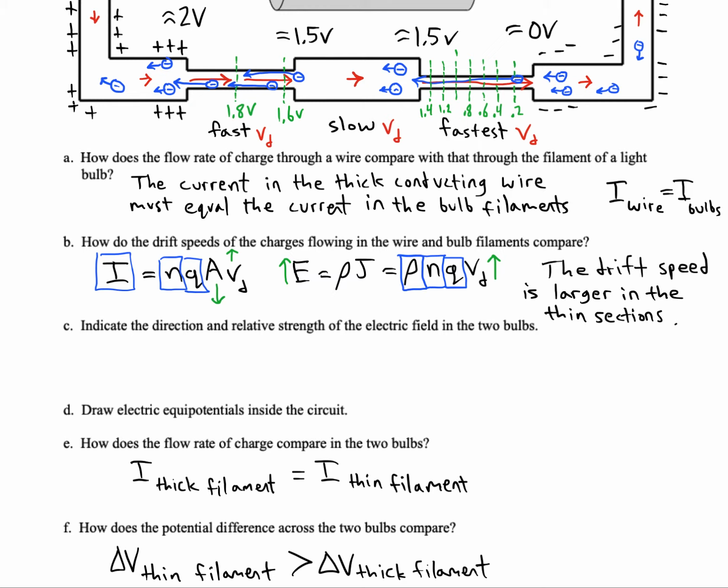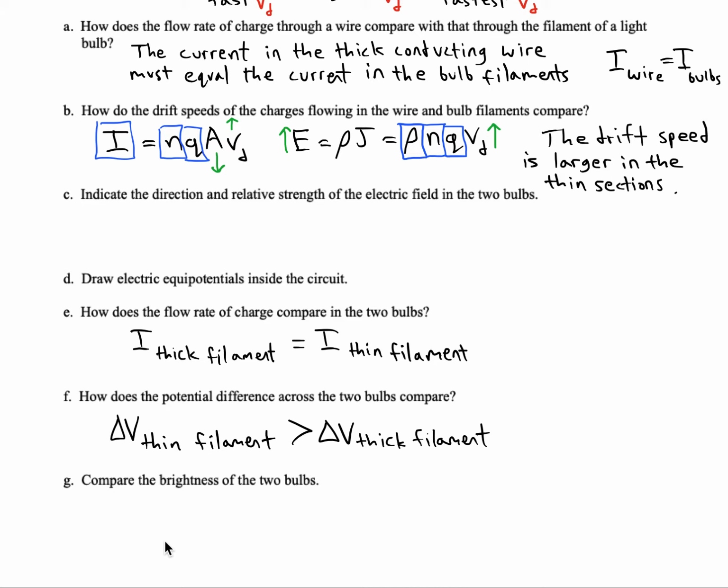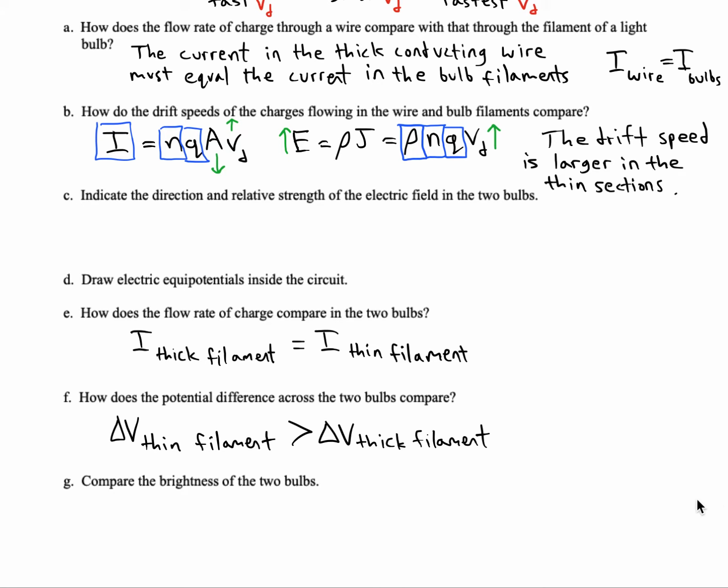Well, if all things are equal, if the bulbs are made out of similar materials, similar construction, then the bulb which drops the most voltage should actually be the brightest bulb because it dissipates the most power. And we can show that mathematically here in a minute. But I'm going to guess that the thin bulb is likely brighter.